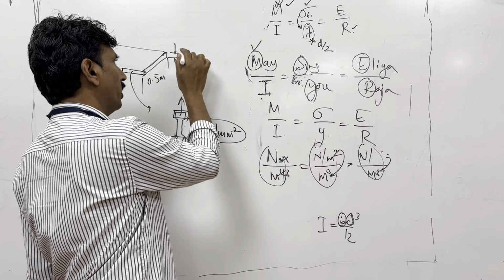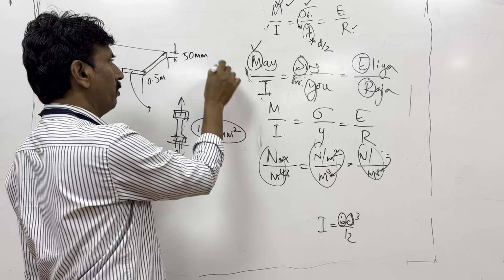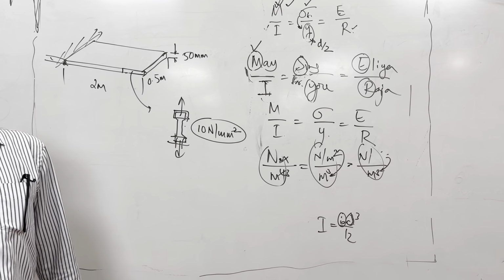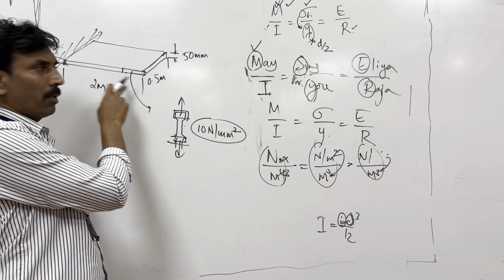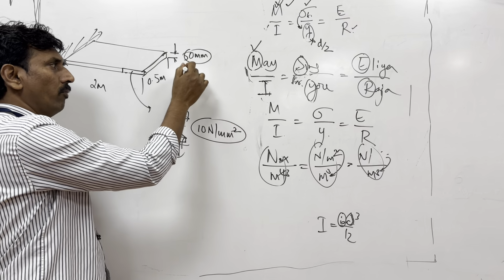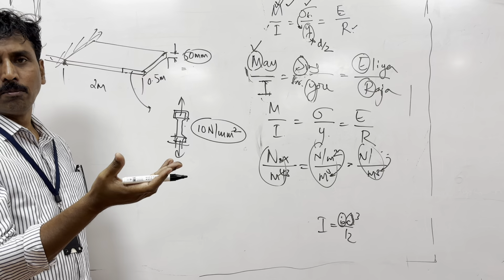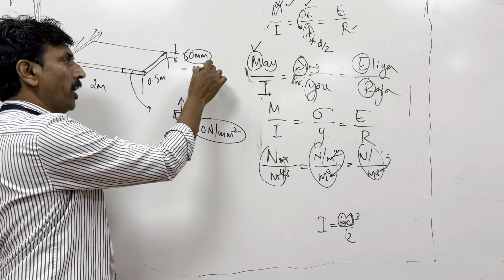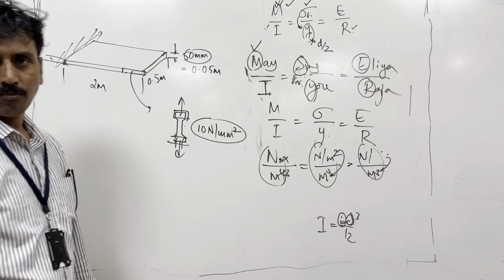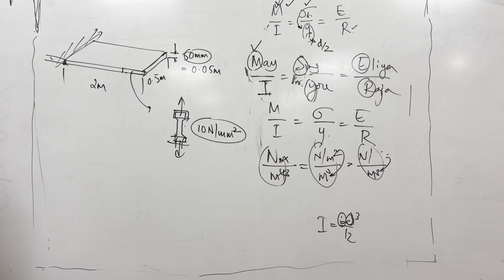Okay, take quite thick. 50 mm in terms of meters is how much? Okay, everything I express in meters, let me express this in meters. 50 mm is equal to how much? Is it 0.5 meters? 0.5 meters is 500 mm. So 0.05 meter.